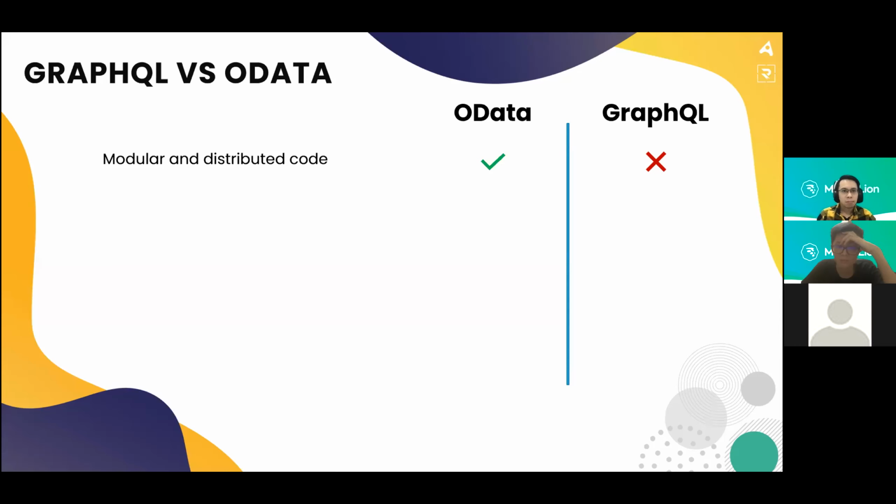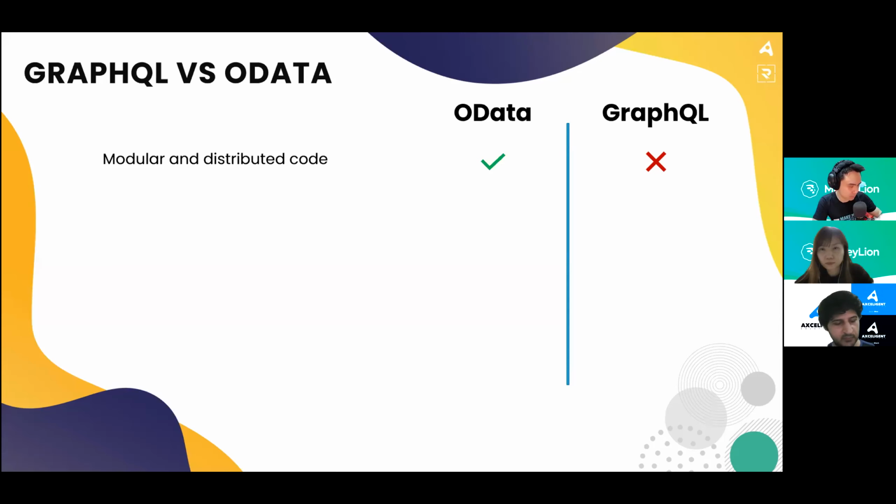This schema is not going to be easy to handle. For example, in our application, that schema can be huge because we have a lot of entities and a lot of things. So it is not going to be a happy path. With GraphQL, you need to manage a lot of stuff in one file.